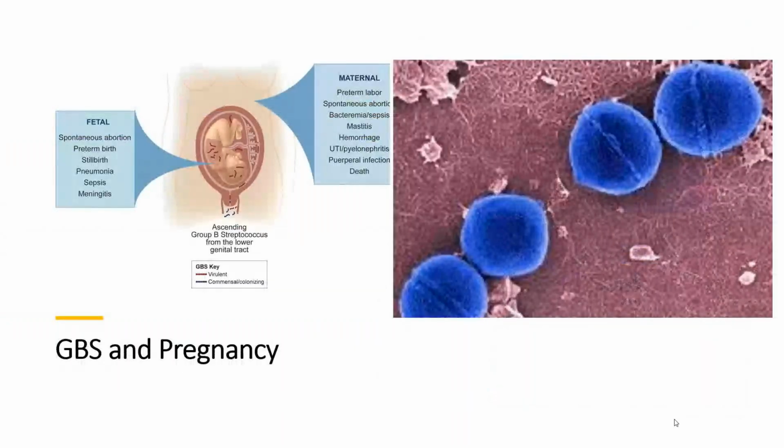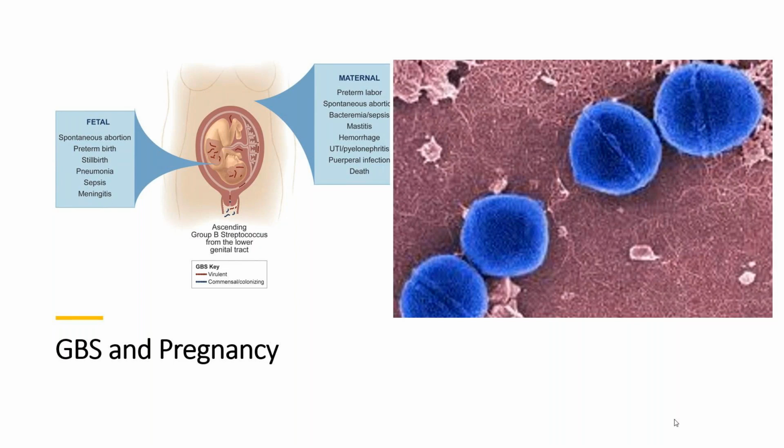What we see here are the possible effects of GBS during pregnancy. It may affect the fetus and the mother. It may cause preterm labor or spontaneous abortion, sepsis and bacteremia, mastitis, hemorrhage, UTI, and possible death.